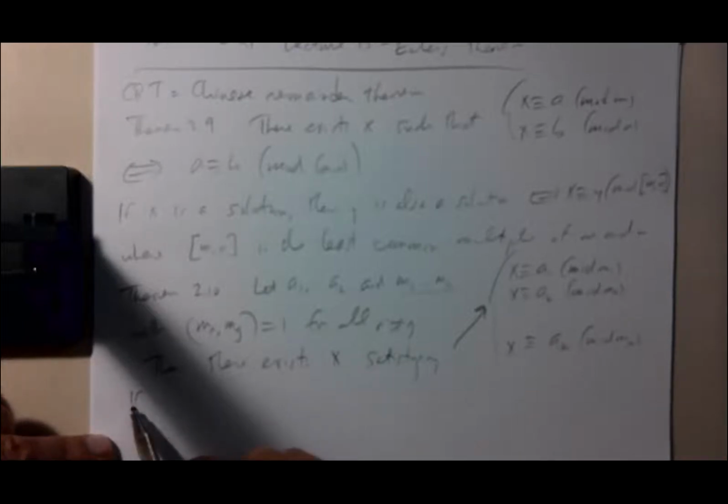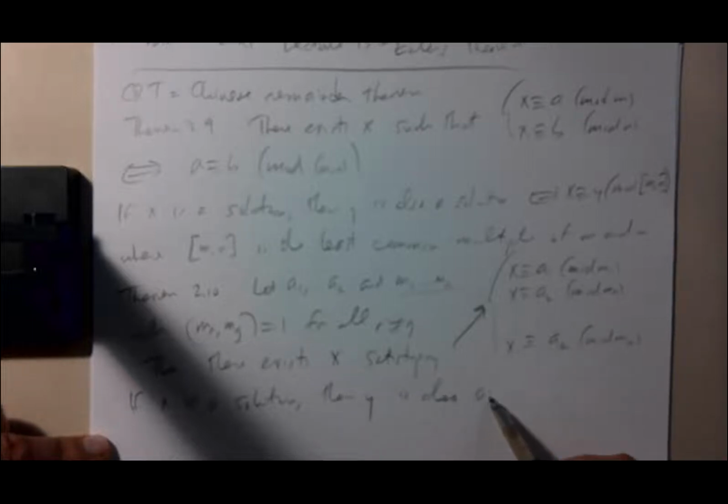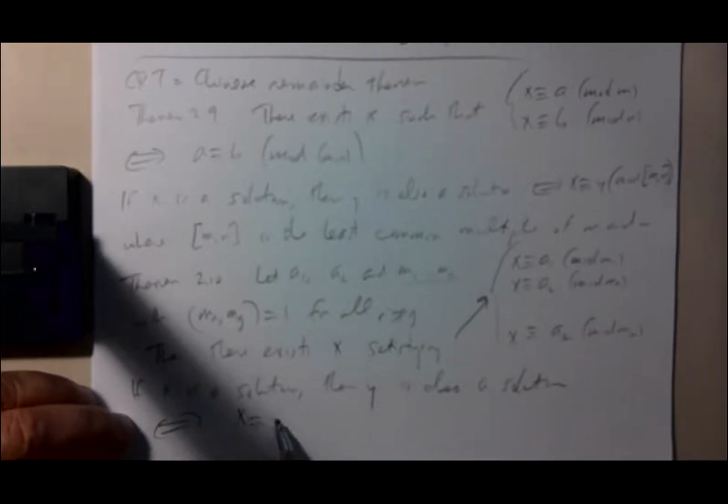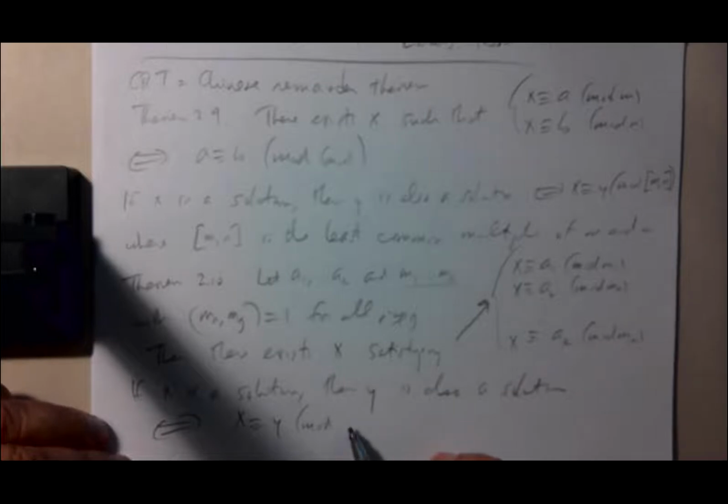And if x is a solution, then y is also a solution if and only if x is congruent to y modulo the least common multiple of all these moduli, but because they're relatively prime, the least common multiple is just the product of the moduli.